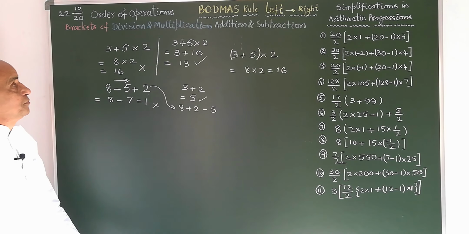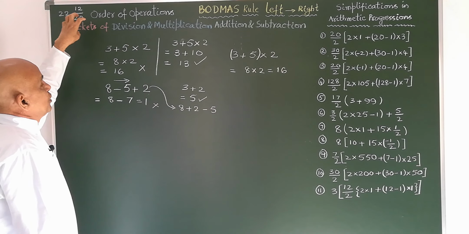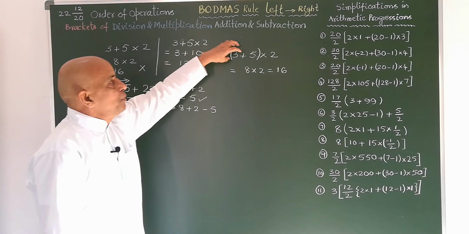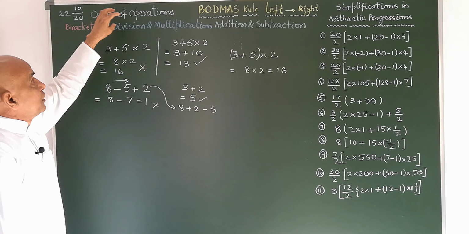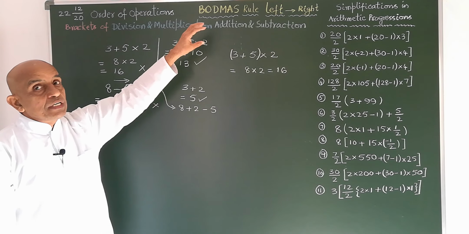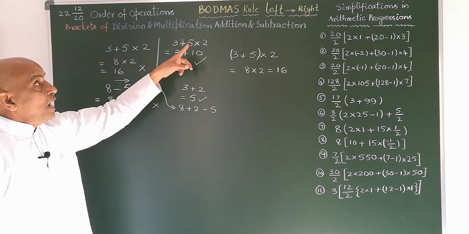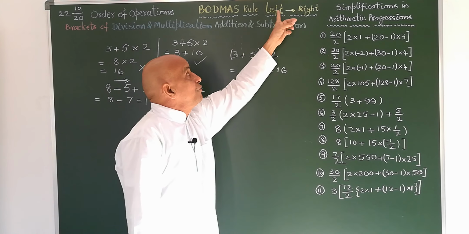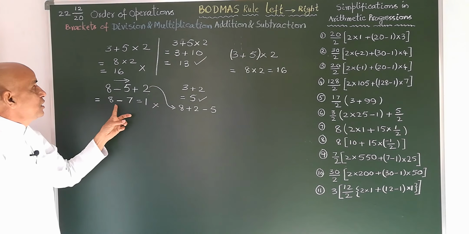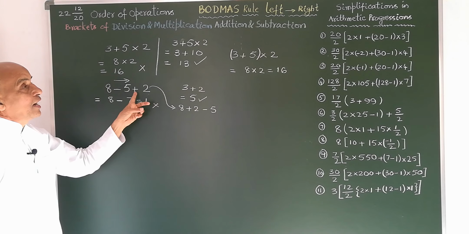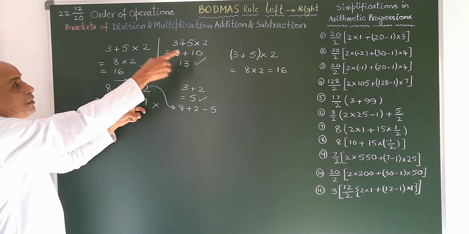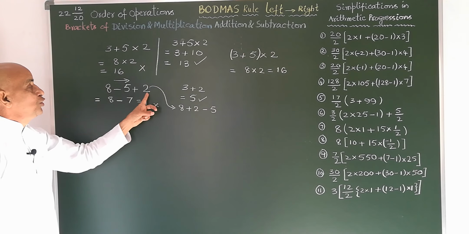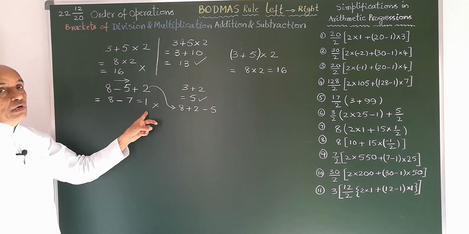So dear children, whenever you have brackets, first you have to simplify within the bracket, then division, multiplication, addition and subtraction, and follow the rule from left to right. Here you see we have the subtraction and addition. If you think that addition is first, then subtraction is coming, I add these two and then subtract, you go wrong.